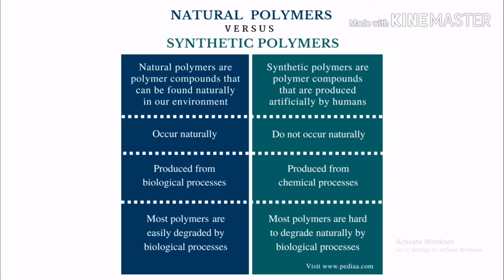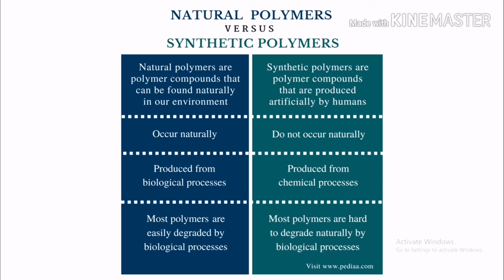Now we will make a comparison between natural polymers and synthetic polymers. Natural polymers are proteins and carbohydrates. Synthetic polymers, of course, are plastics, polyesters, nylons. Natural polymers are polymer compounds that can be found naturally in our environment, like proteins and polysaccharides, like cellulose, like starch.